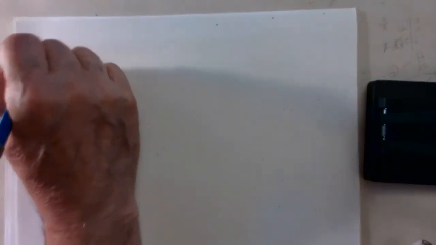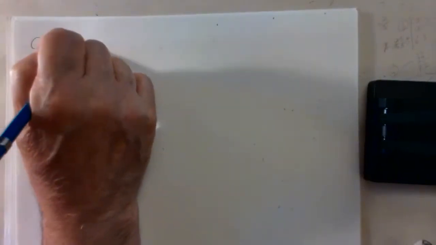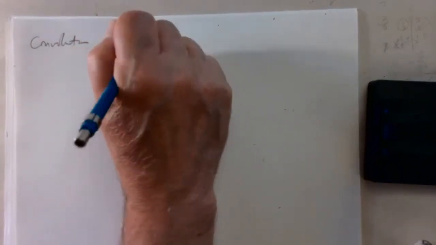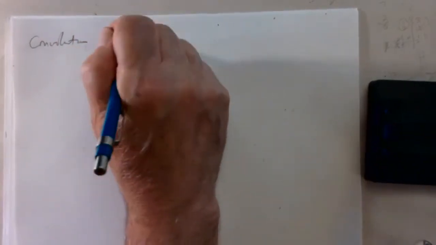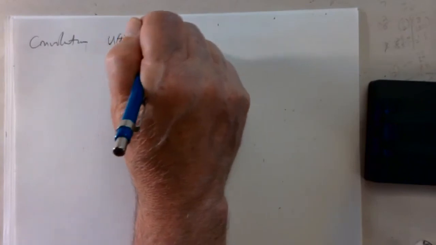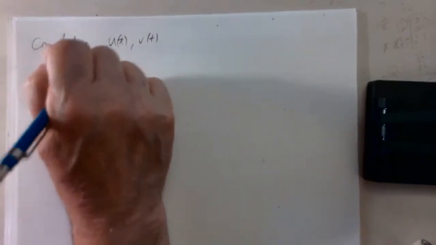But there is a very beautiful relation that does describe the Laplace transform of two functions, and that is something called convolution. So if you have functions u of t and v of t, the convolution, u star v of t, is defined as follows.